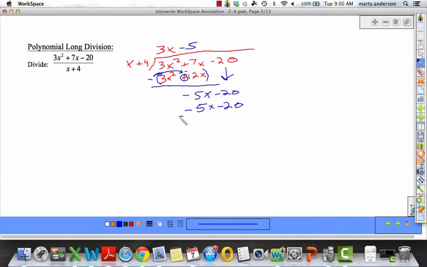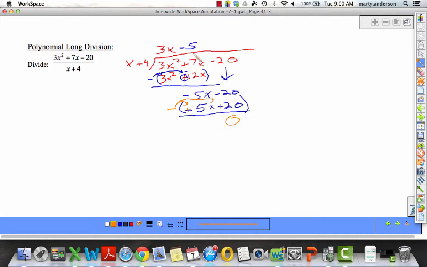And again, when I subtract this, I want to think about that as a minus sign outside. So this will become plus 5x, and this will become plus 20. You could have looked at this one a little bit easier, that negative 5x minus 20 minus itself is going to get you a remainder of 0.